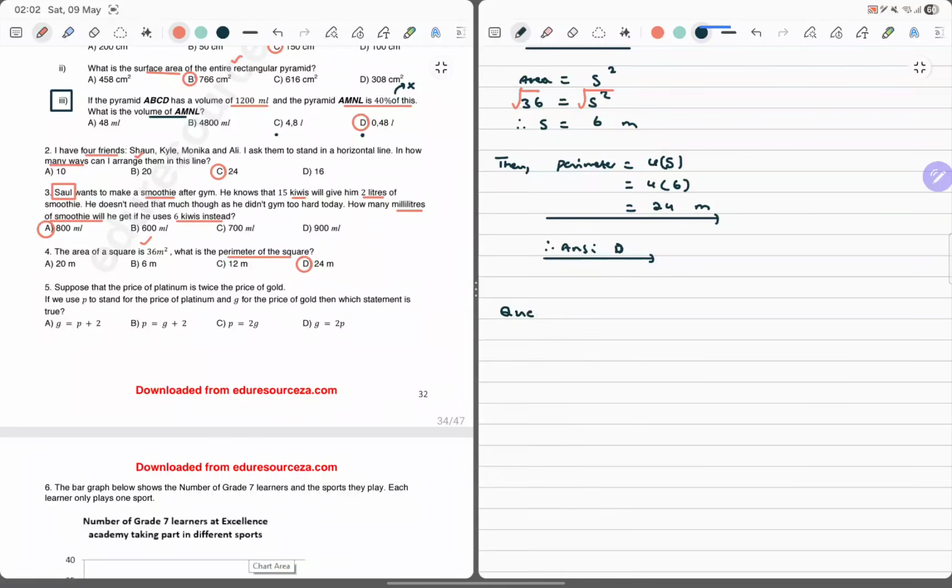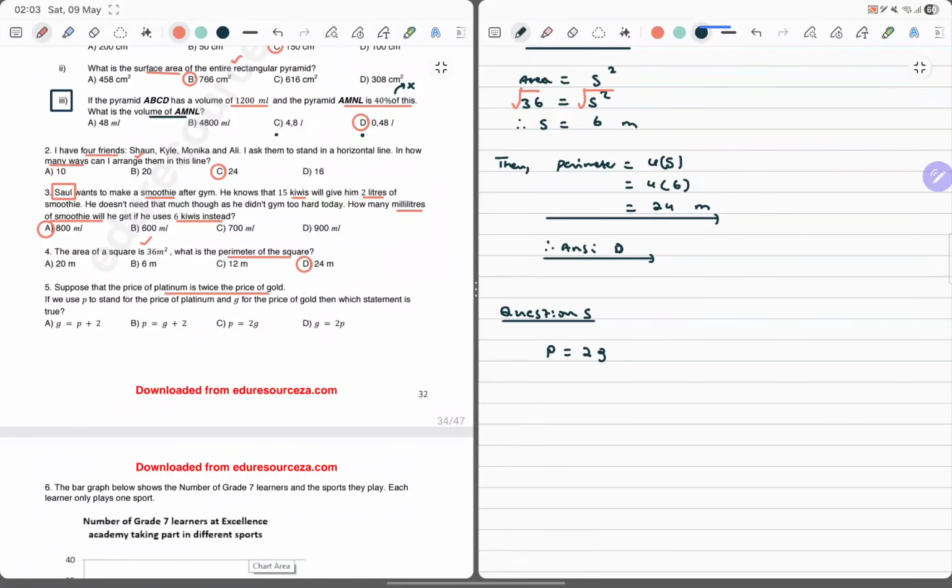Question 5. Now, question 5 says, suppose that the price of platinum is twice the price of gold. If we use P to stand for the price of platinum, this one is easy, we write P equals 2 times that of gold, and G for the price of gold.